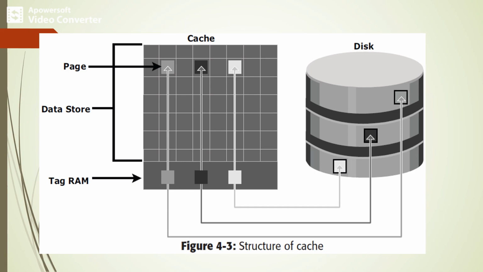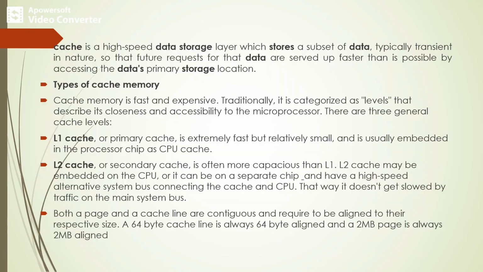So this is the structure of the cache. As I mentioned, it consists of a set of pages, the data store, the tag RAM, and all the information with respect to the disk. Cache is a high-speed data storage layer which stores a subset of data, typically transient in nature, so that future requests for that data are served faster than is possible by accessing the primary storage location.